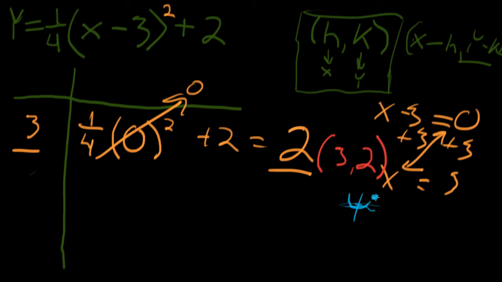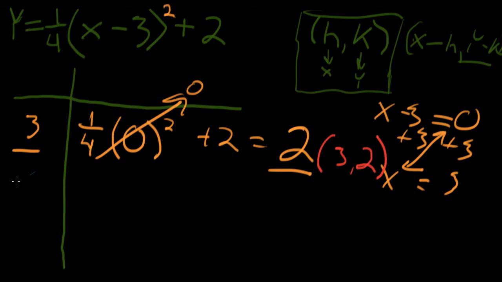Because this is at 3, 2, I'm up here somewhere, so I'm mirrored across a new axis. And that axis, because I found the 0 point of 3, is the line that passes through x equals 3.